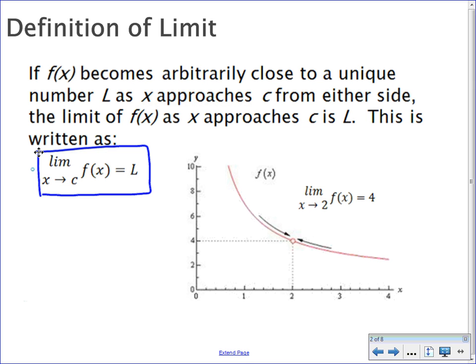The closer and closer we get to 2, what is our function value? We're getting close to 4. So our limit is 4. What function value are we getting arbitrarily close to when we follow our function from both sides of that C value? That is what a limit is.